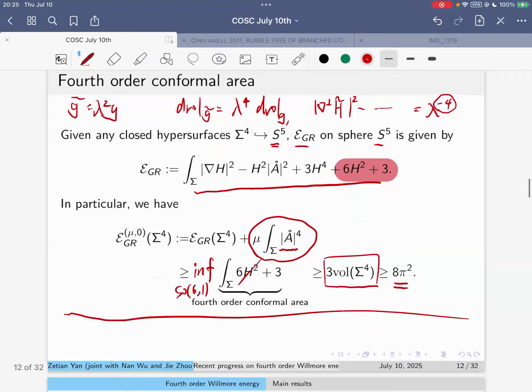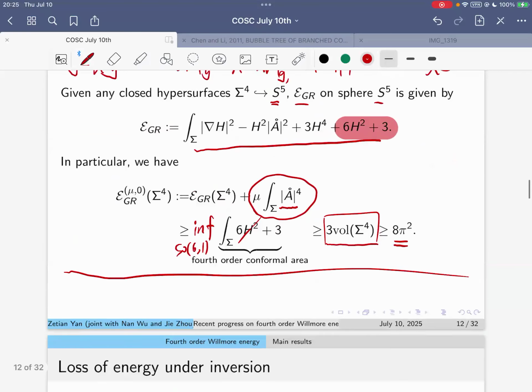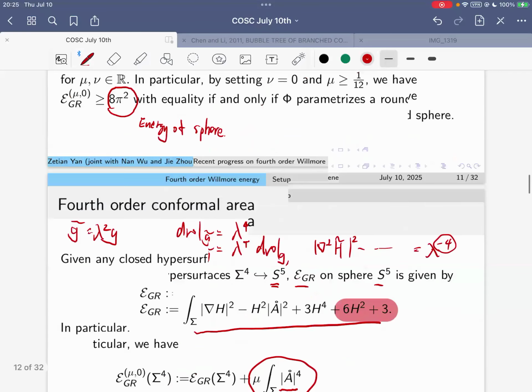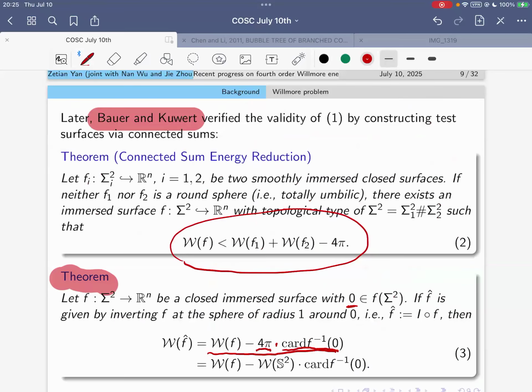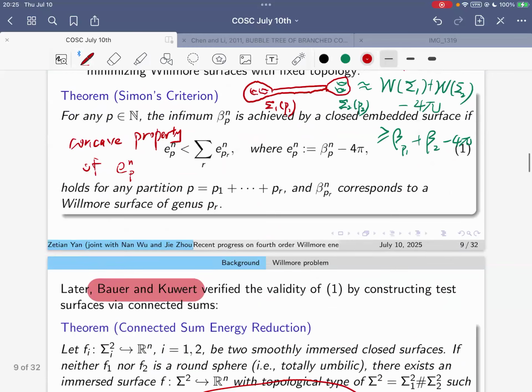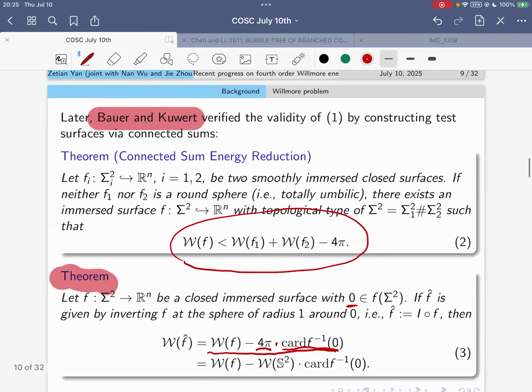Okay, let's continue. Before we continue, we need to revisit Leon Simon's criterion. As I said before, Simon's criterion can be regarded as a way to avoid the obstruction to the splitting. And right now, we can think of it in the following way.